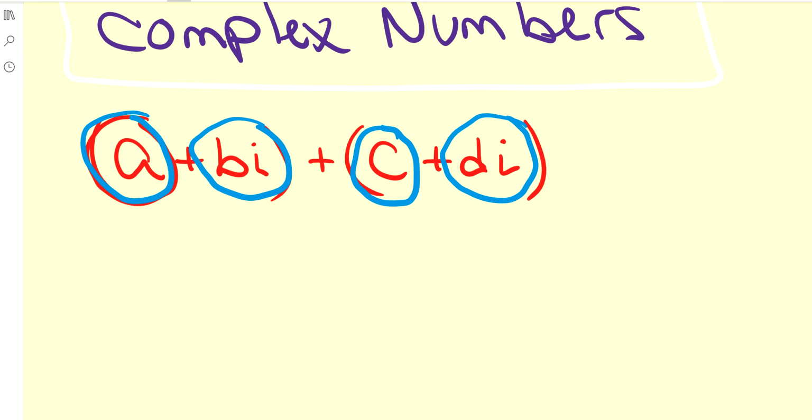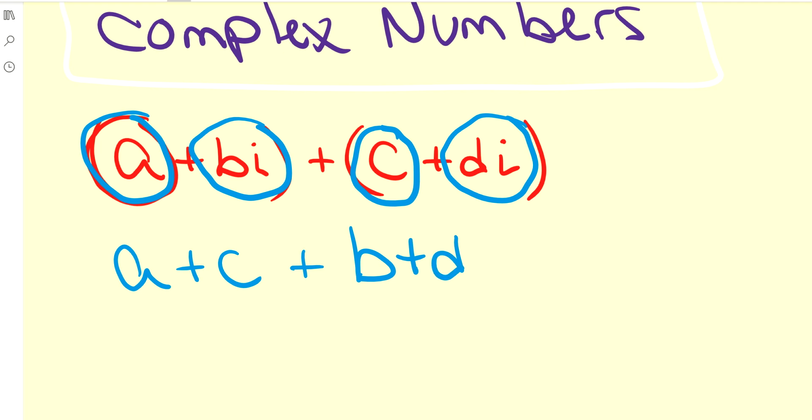All right, so this means what? This will be a plus c plus b plus d, or I could say bi plus di is okay to write it up that way. I'm adding these up together, and whatever that comes to, it comes to.